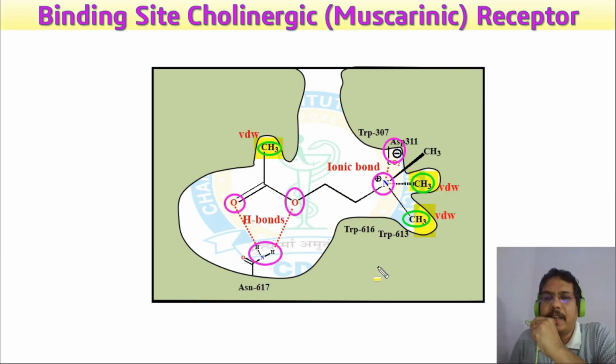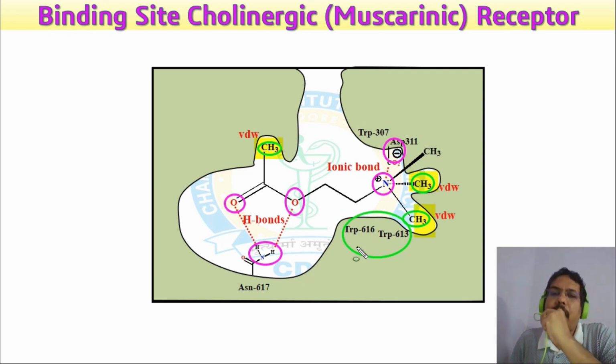There is another possible reaction which may occur if the ligand has a group or moiety which is complementary to the aromatic portion of the receptor.